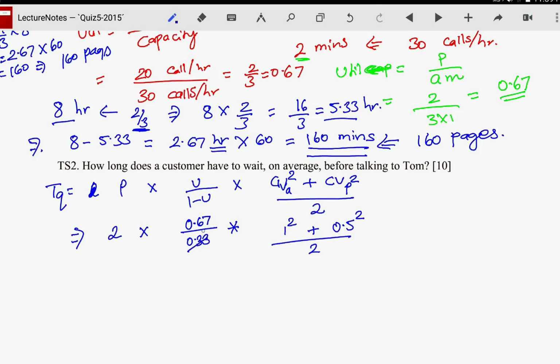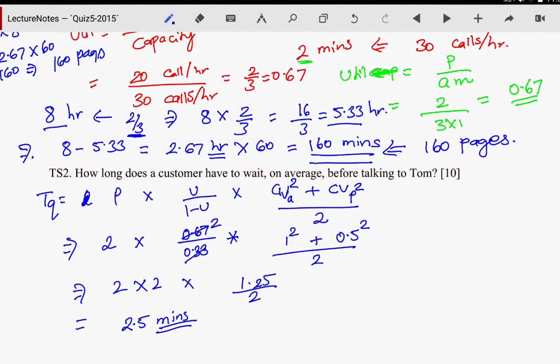So this is 2 really, because it's 2/3 divided by 1/3. So 2 times 2 times 1.25 divided by 2... which comes out to be 2.5 minutes. That means on average you expect to wait 2.5 minutes.